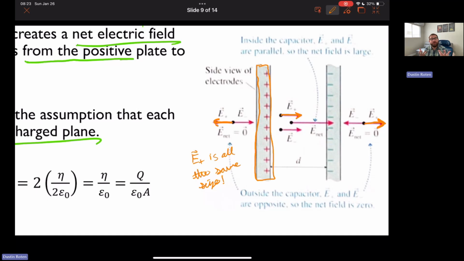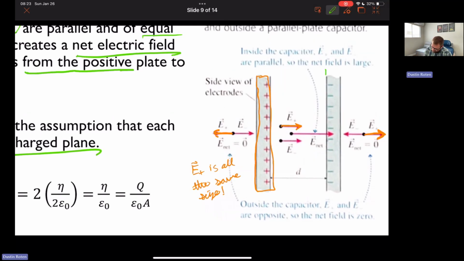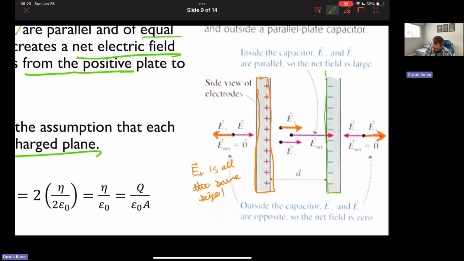That's because we just showed from an infinite plate your field doesn't decay, it doesn't get weaker with distance. So all these are going to be, as long as you're close to the parallel plate capacitor, the same. Now let's look at this other plate.